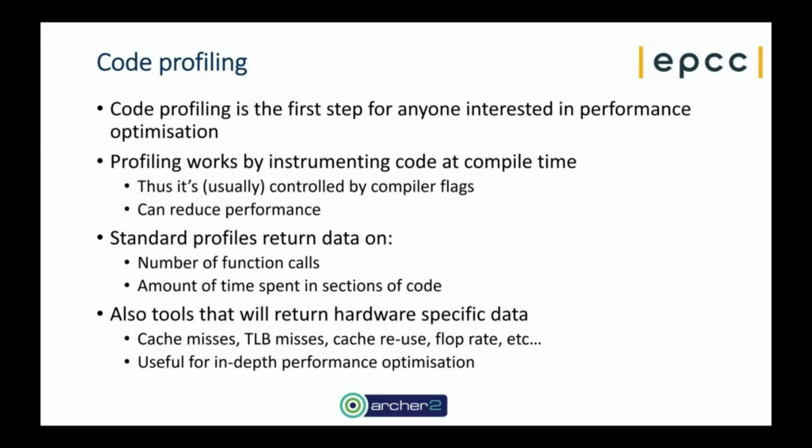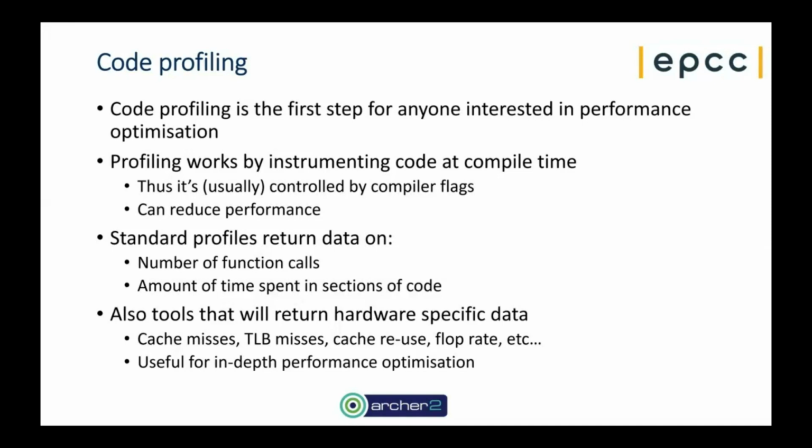The nice thing is we don't have to change our code to do this. We just turn a compiler flag on and it'll add the extra functionality. The downside is that it impacts performance. So it's not something we want to do all the time because it makes the code slow, since it's adding extra stuff in there.